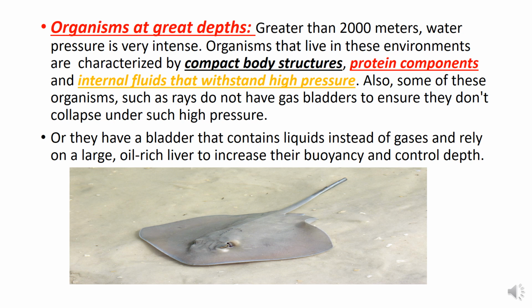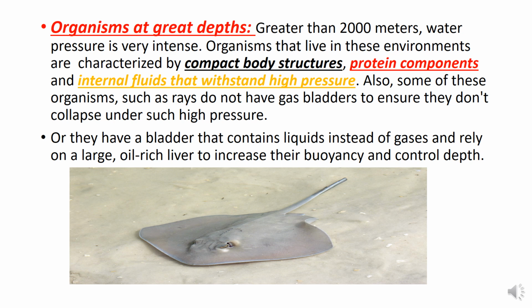Let's repeat again. The organisms at great depth, greater than 2000 meters, where the water pressure is very high, are characterized by what? Number one, who can repeat? Compact body structure, protein components, internal fluids that withstand the high pressure. Also, some of these organisms like the ray fish do not have a gas bladder, to ensure that they do not collapse under such very high pressure.